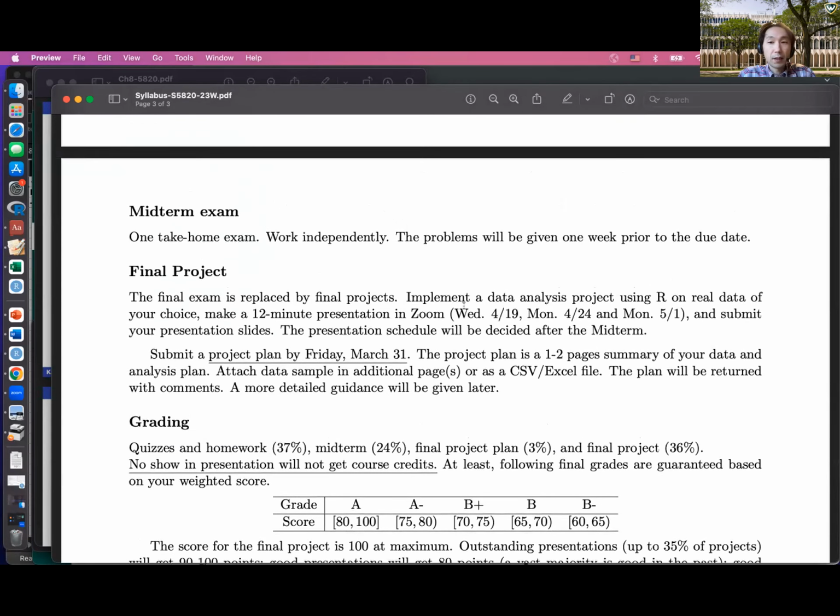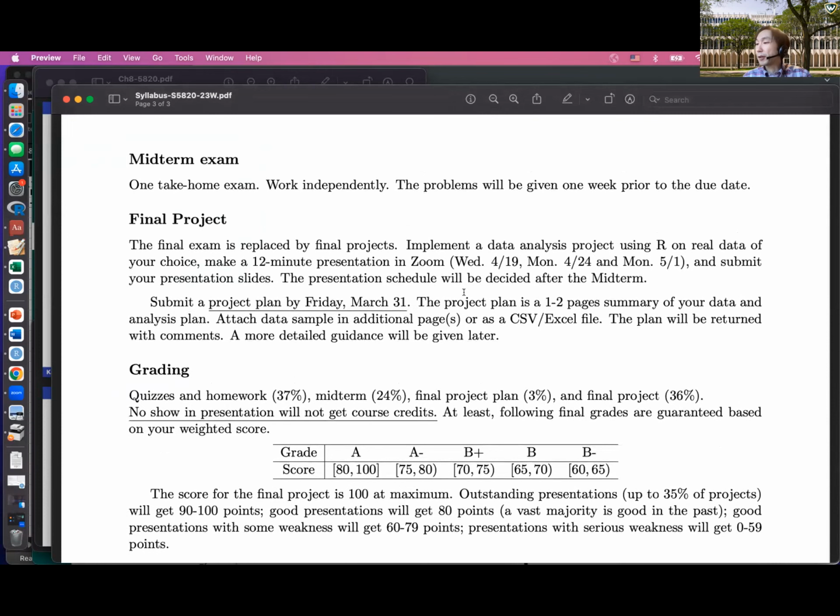Okay. And I have graded the midterm, and grading this midterm was hard. I printed out everything and graded it, but since this is an online class, I cannot really return it. So I think probably I will scan it and send it to you. Overall, you did pretty well, probably the best in the past.